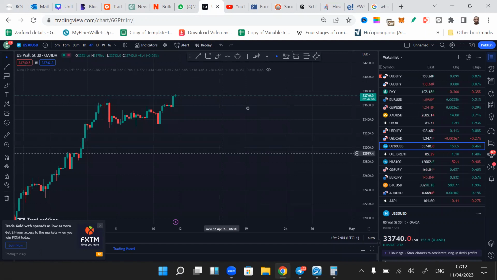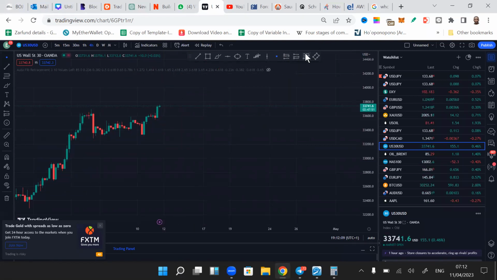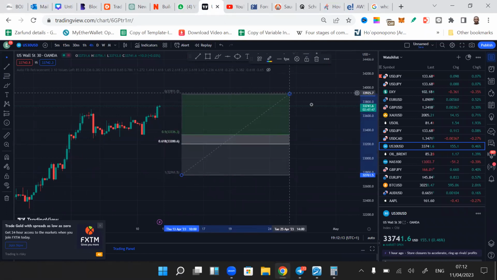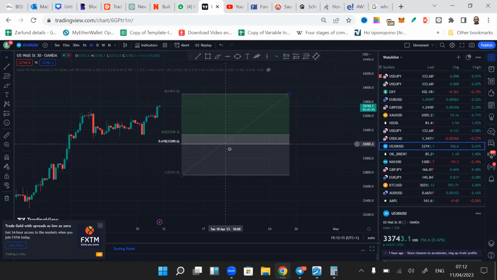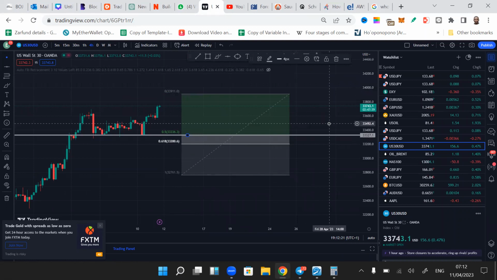For example, if you are trading Fibonacci and you take a Fibonacci tool and you draw Fibonacci from one area to another. Now, when there is a pullback, sometimes the pullback will come to the 50% retracement for some instruments. For some other instrument, the pullback will come to 61.8 retracement.